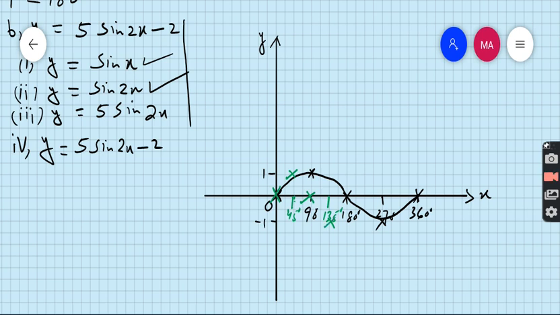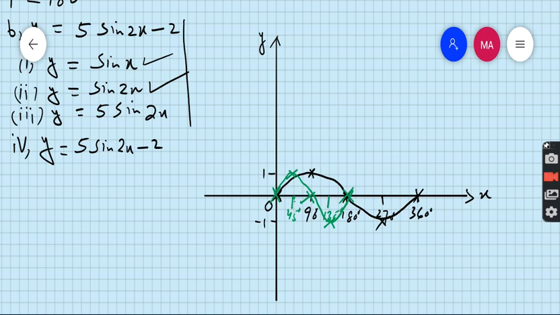Okay, and if we take 180, 180 into 2 is 360. So our graph looks like this, the shorter graph.